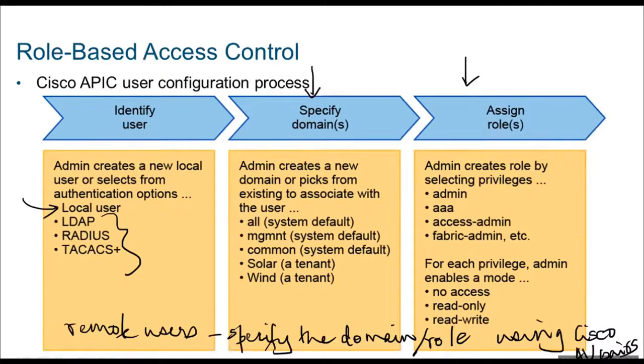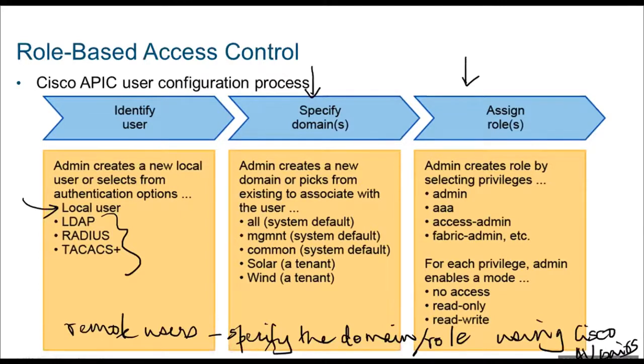They're showing you that there are multiple domains. There's one called all, one called management, one called common. Those are three system defaults. And there's one called solar and wind, which they've created. A domain is like a tag, which then gets associated to a tenant or multiple tenants.